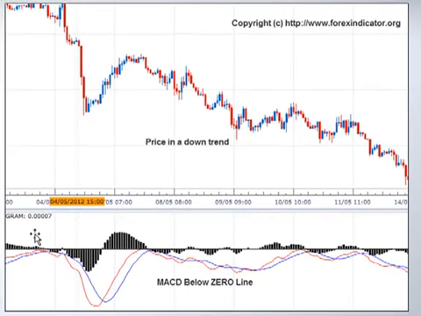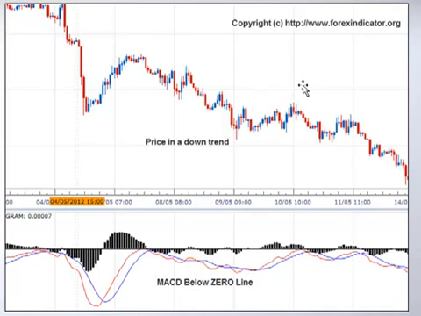If you see the MACD line above the zero line all the while, you'll find that the price is always moving in a strong uptrend. So from the MACD line itself, whether it's above or below the zero line, and for what duration, it can tell you whether the market is currently in a strong uptrend or a strong downtrend.